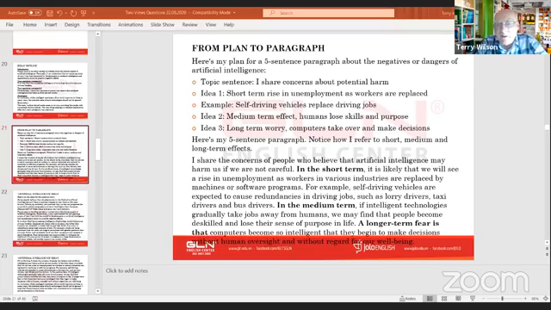A good example of that could be the motor car industry, which uses a lot of technology, and the number of workers these days to produce a car is a lot less than 20 years ago. So idea 1, short-term rise in unemployment as workers are replaced. Here I've given the example of self-driving vehicles replacing driving jobs.